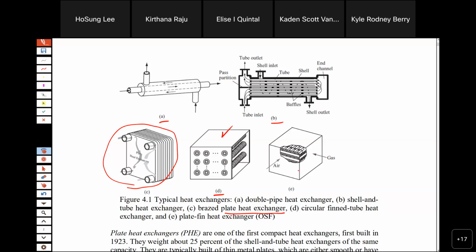And then gas-to-gas, air or gas, is very compact. This is the most compact heat exchanger.